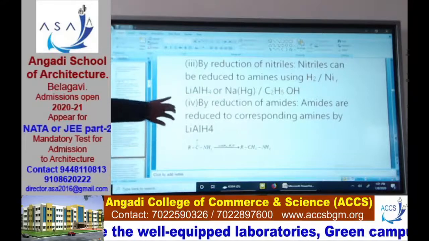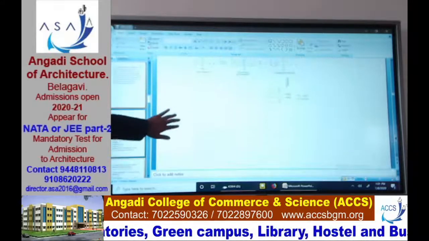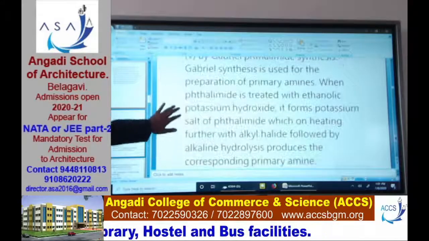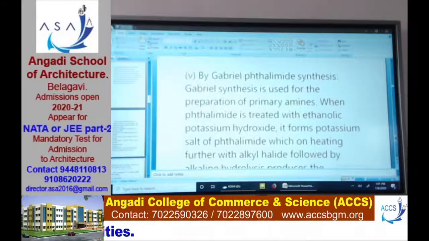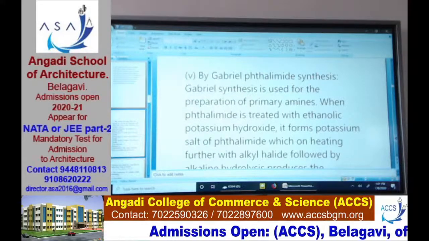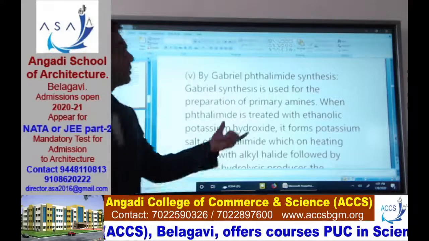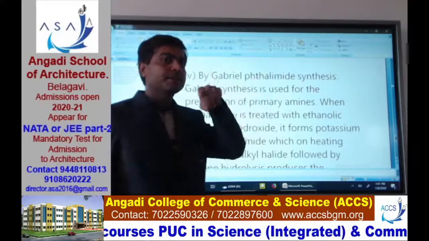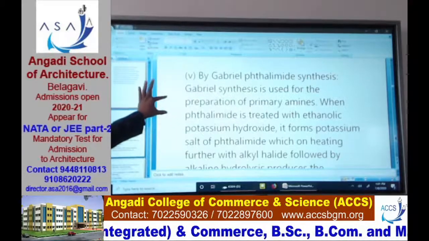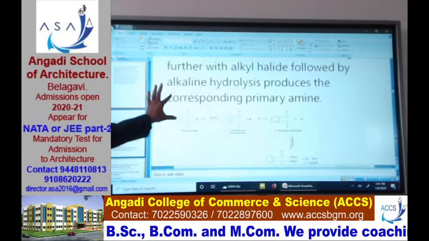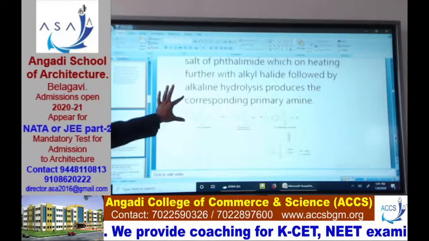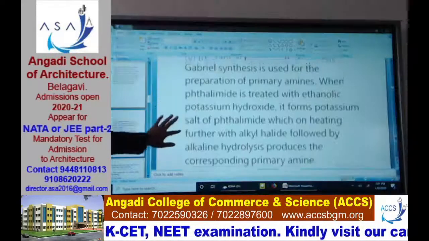Whenever we solve the questions, that time again I will be telling different methods. Okay. Next one, by Gabriel phthalimide synthesis. This is also an important reaction. Phthalimide means it contains a benzene ring. It is used for the preparation of primary amines.